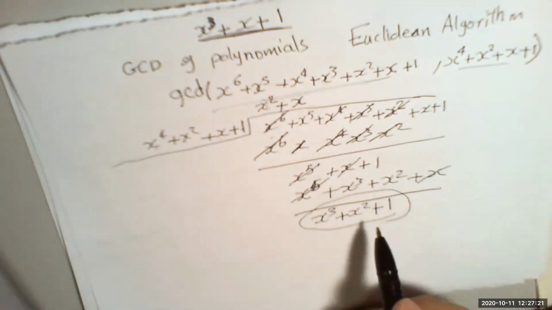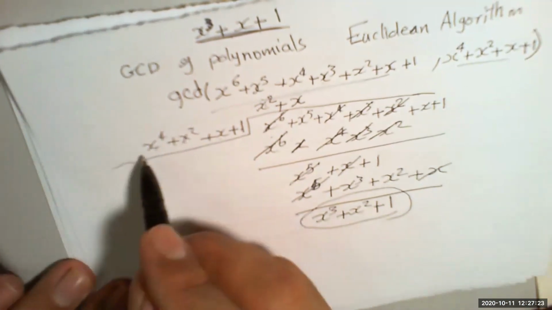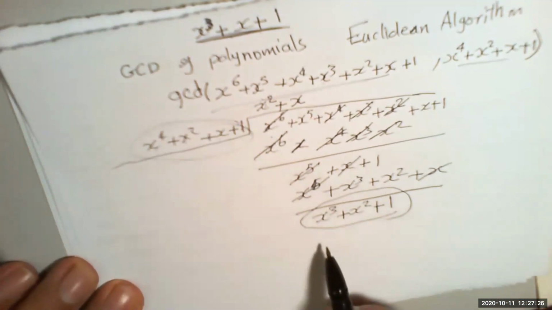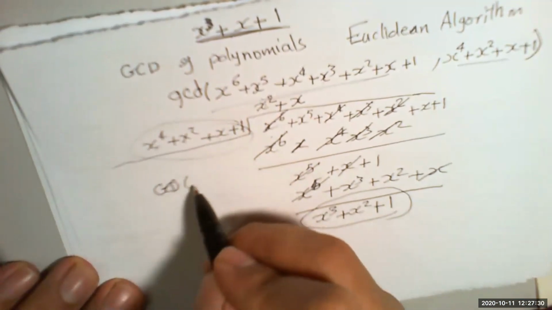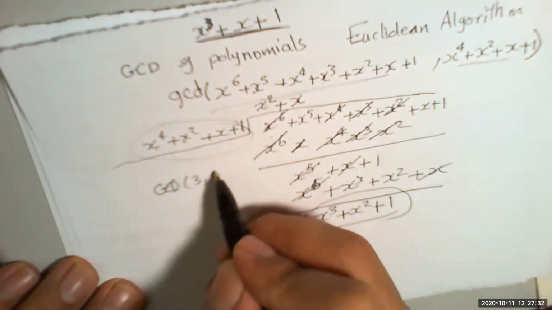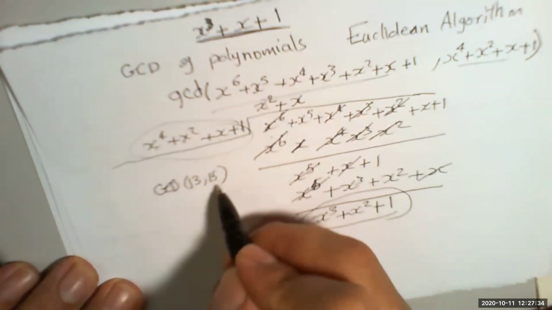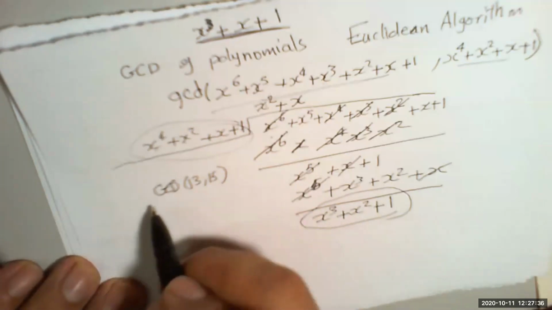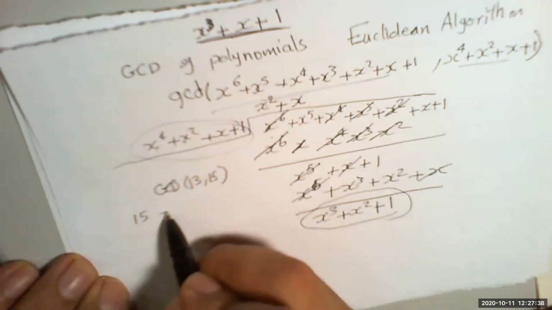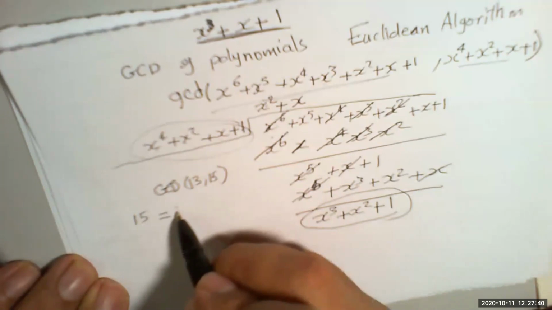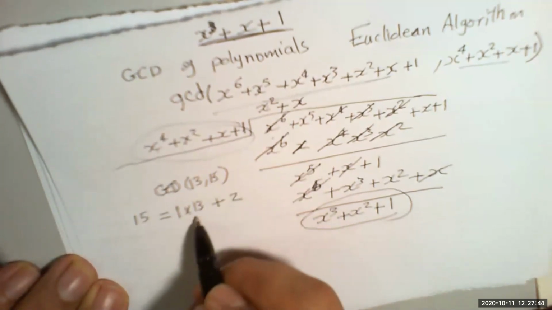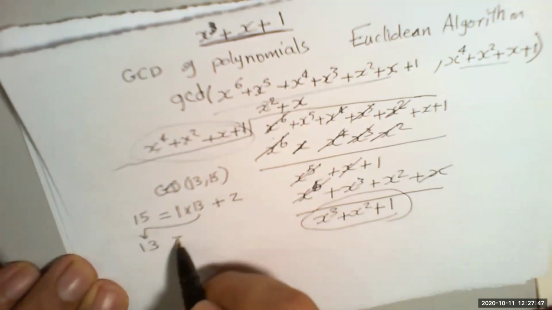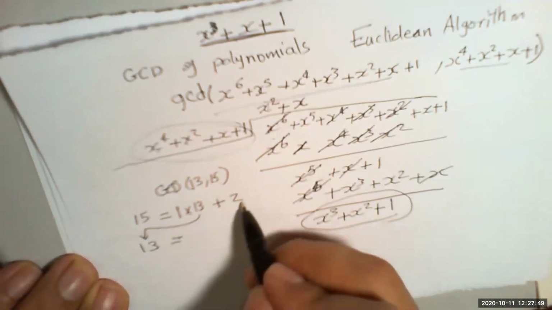I take this remainder and divide that one by the remainder, as we do in the greatest common divisor between two numbers, like 13 and 15. How many times does 13 go into 15? Once, with remainder 2. Then how many times does 2 go into 13?